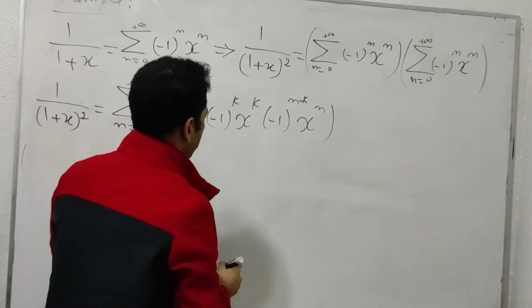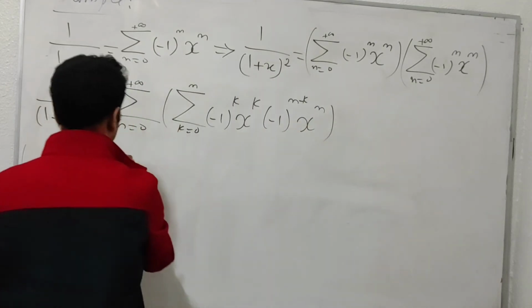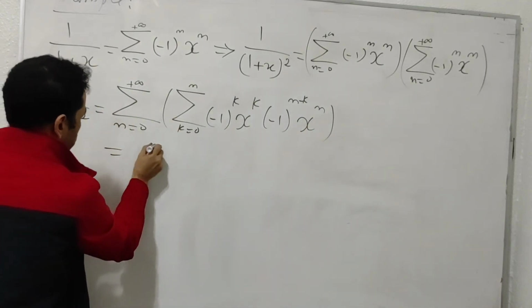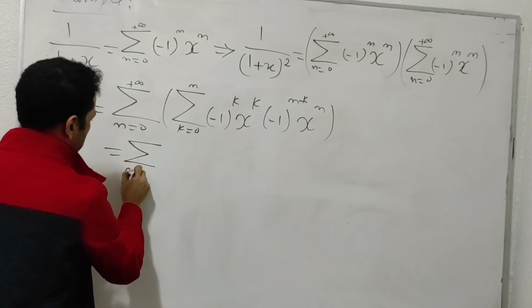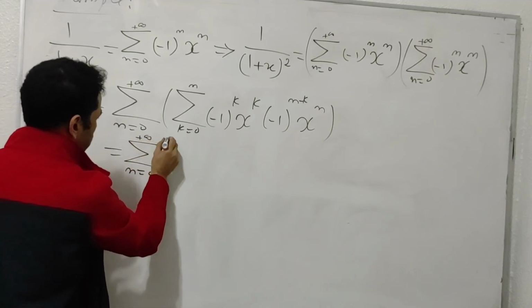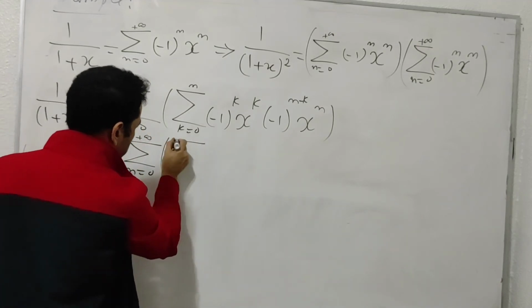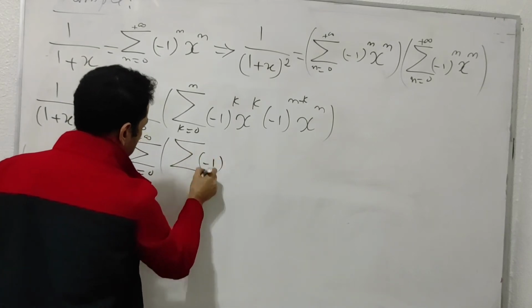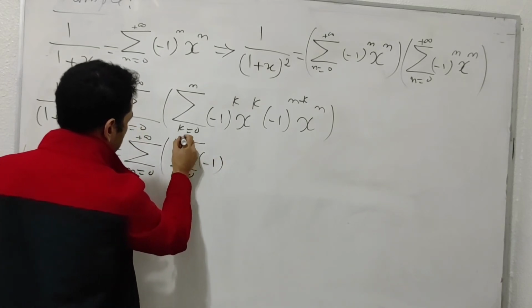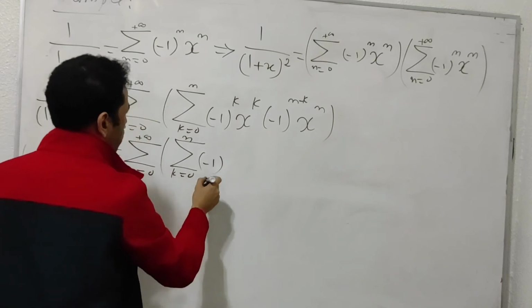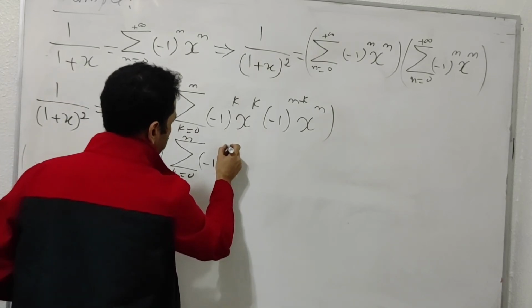Now I'm going to simplify this one. This gives us, as n goes from 0 to plus infinity, the sum as k goes from 0 to n.